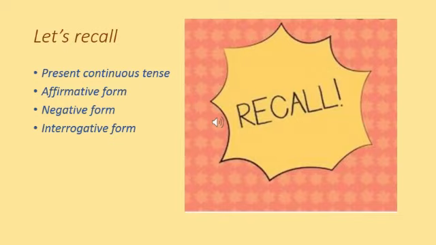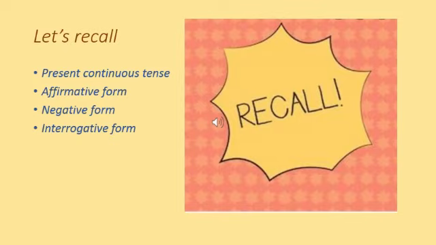For example, I am singing a song. The negative form is subject plus is, am, are plus not plus first form of verb plus ing plus object. For example, I am not playing on mobile. And then in the last we have the interrogative structure.